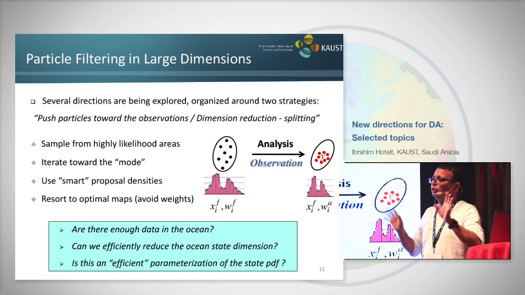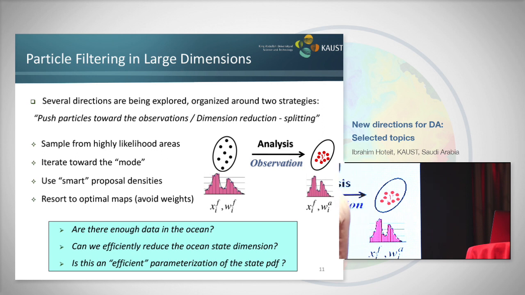So there is a lot of research these days about how we can implement the particle filter to make it work with large dimensions. And I tried to put just this slide to organize these new directions. They try to push the particles towards the data. Van Leeuwen is trying to do that. They use future data to resample, so they keep the particles close to the data trajectory.